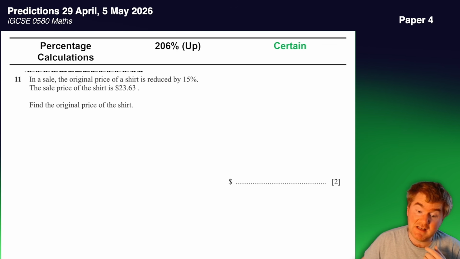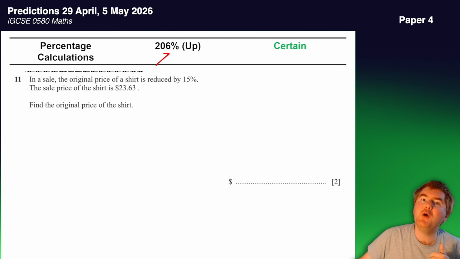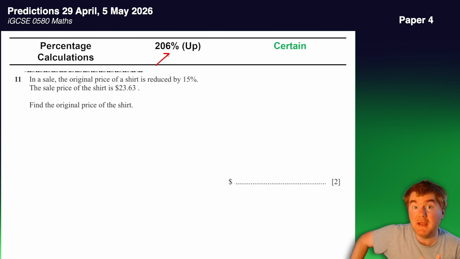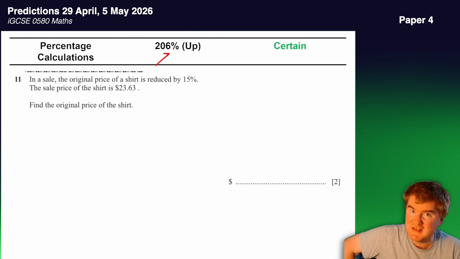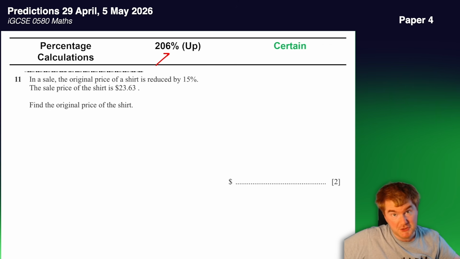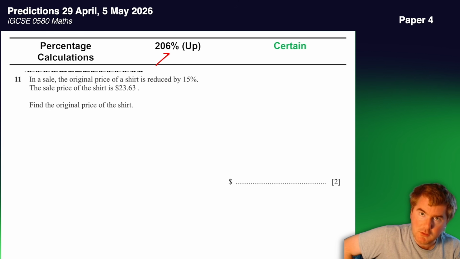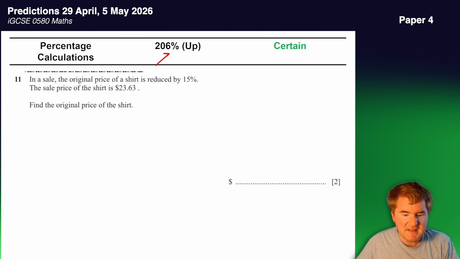On to percentage calculations themselves. Again, a whopping 206%, which generally goes in an easier question and a harder question. One thing I've noticed with the recent paper 4s from 2025 onwards, they're doing less of these really big questions like A, B, C, D, E, but it means that percentages pop up in 2 smaller questions across the paper. This is very common here.